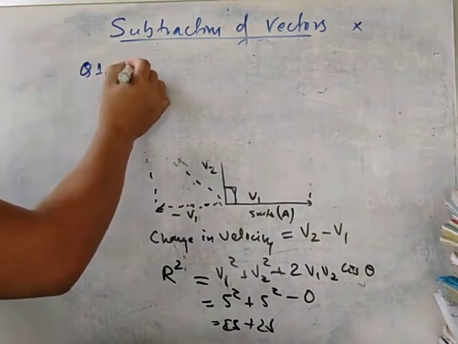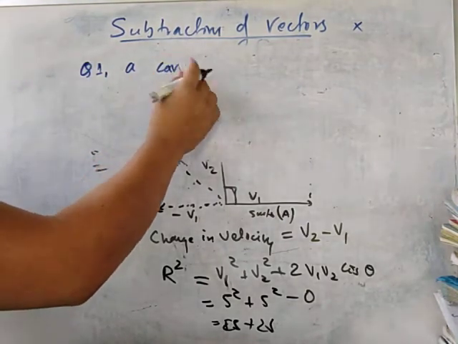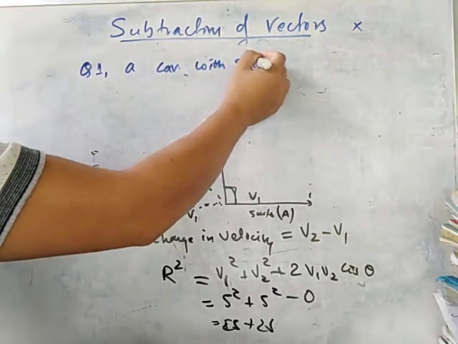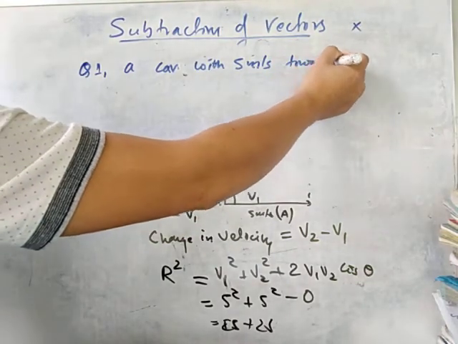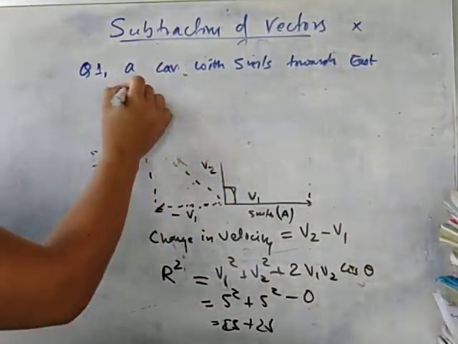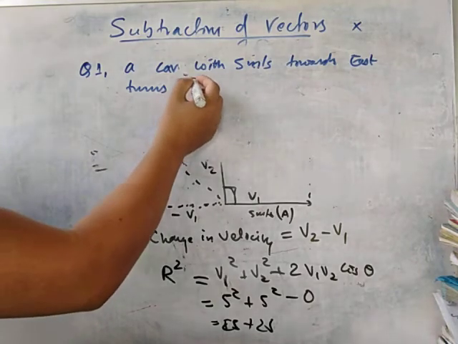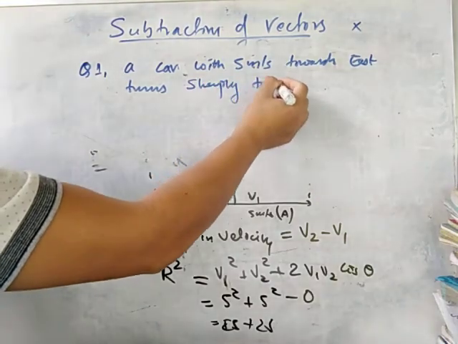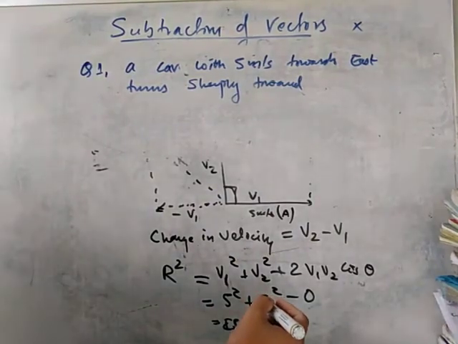A car with 5 meter per second towards east turns sharply towards, let us say, this should be west.